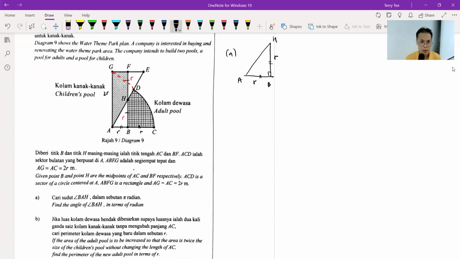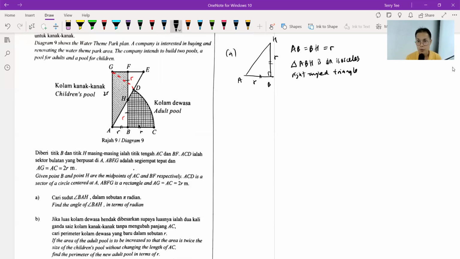Now we already know this is 90 degrees. So in this case, since AB equals BH equals R, triangle ABH is isosceles, an isosceles right angle triangle.